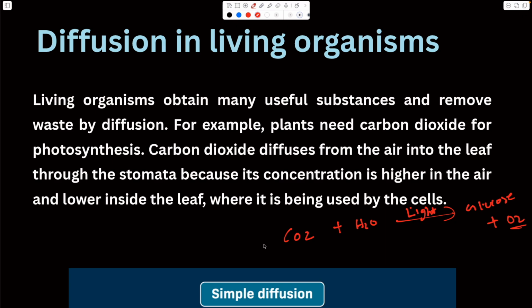Okay, living organisms. Let's take the example of a plant cell. Plants need carbon dioxide. For example, I will draw a very peculiar tree. Don't laugh at me, okay? This is a plant, or at least take it as a plant. For example, these are the carbon dioxide molecules. Carbon dioxide molecules are in higher concentration outside the tree, in the air, right?